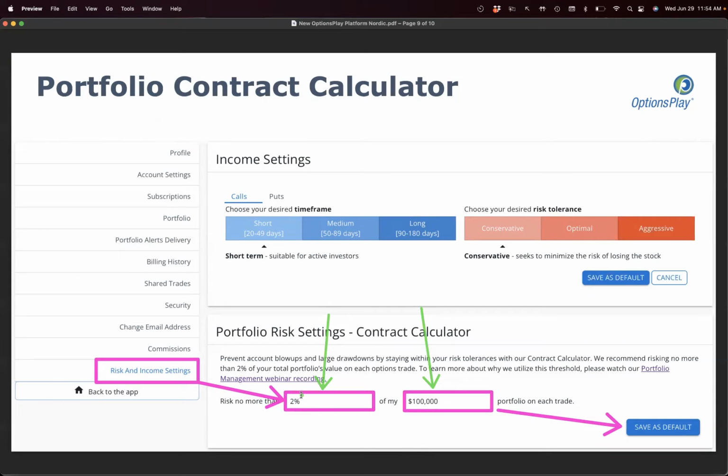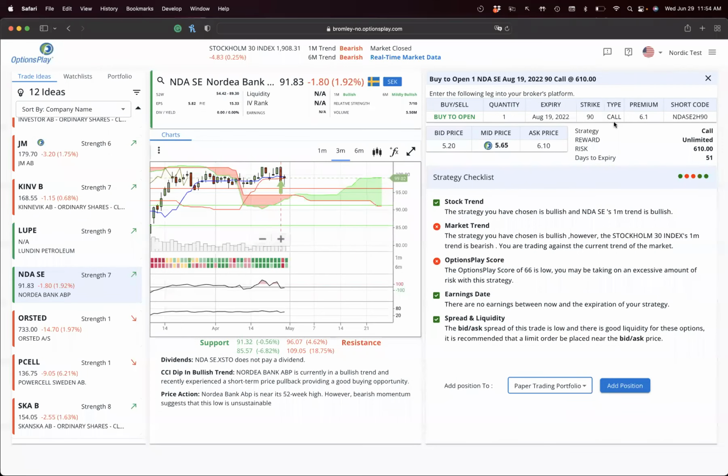What we are going to do is a new calculator that basically automatically calculates the number of contracts that you can trade for any strategy you review, so that you stay within these bounds of never risking more than 2% of your total account value per trade. And you can set the 2% and the size of your portfolio manually, so that, based on your risk tolerance and your portfolio size, our risk and investment calculator will simply do the work for you.